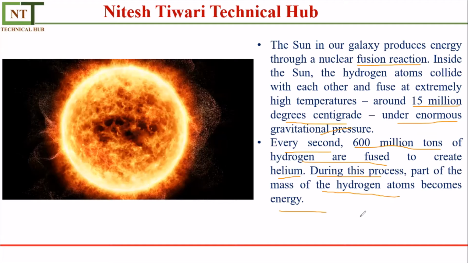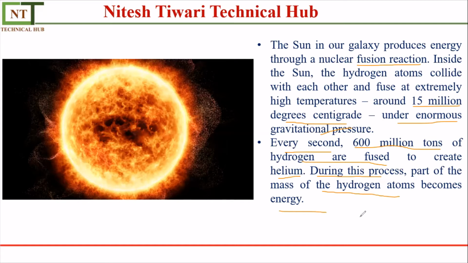So it means in our sun, not only in our sun, even in every star, the nuclear fusion reaction is done, in which two atoms of hydrogen collide and make a helium atom, and a large amount of energy is generated. So there is a question: why is nuclear fusion reaction done in the sun or any star, and why not nuclear fission? And why do all the reactors established on Earth till now work with the nuclear fission method, not nuclear fusion?